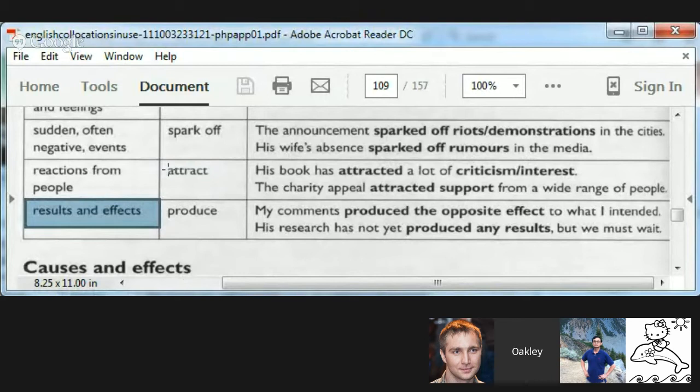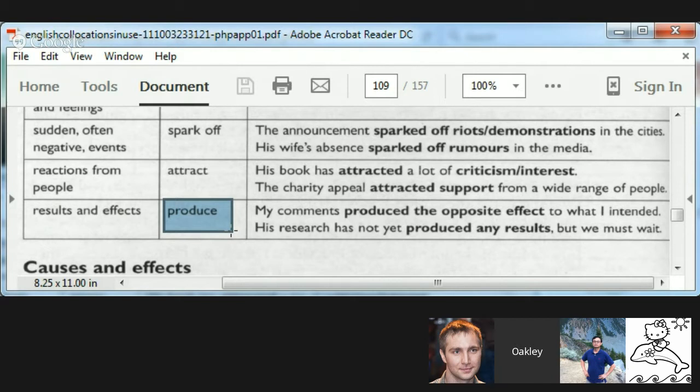Okay, but these are strong collocations here. Okay, Alex, results and effects: produce. Well, obviously that's talking about causing things. Can you read these, please? Yes, I can. My comments produce the opposite effect to what I intended.